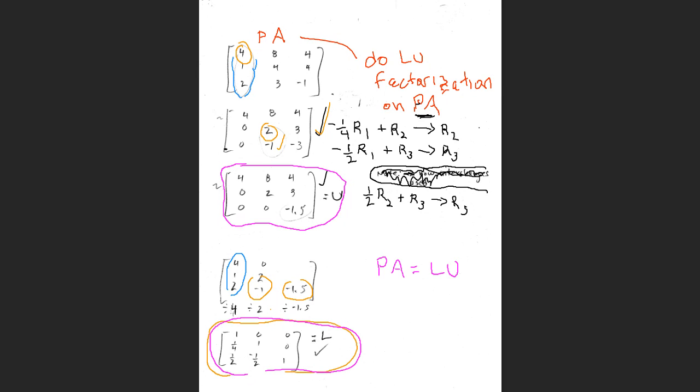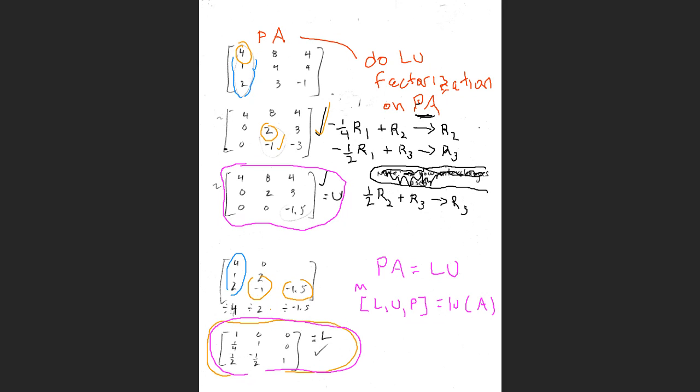Now in MATLAB, and they talk about this in MATLAB assignment 2, the first exercise, you're going to use the LU command on the matrix A. So now I want to be careful here.